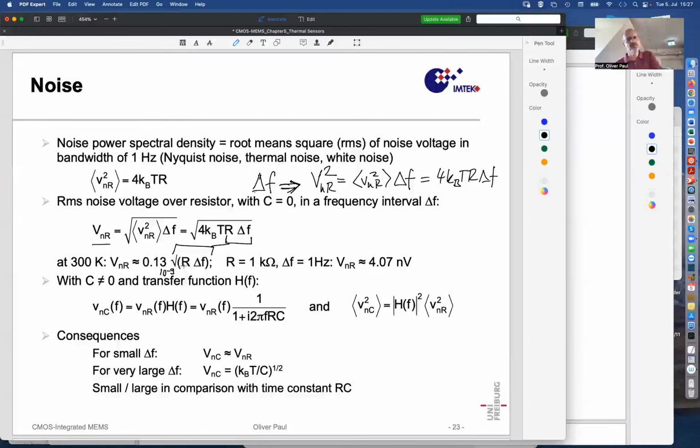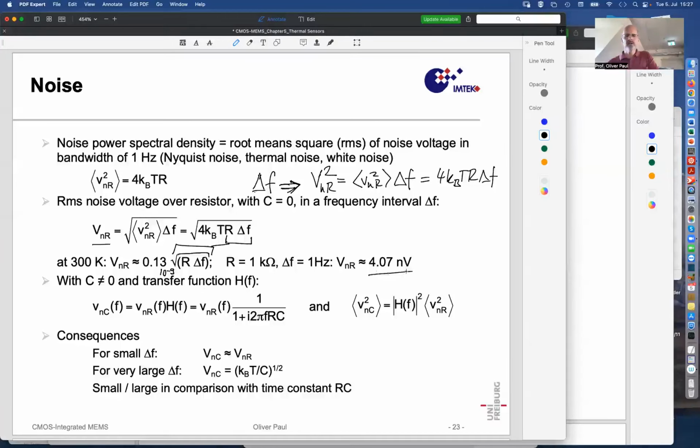So if you implement 1,000 ohm for a resistor, and you have a system that measures with 1 hertz bandwidth, then the outcome is going to be 4.07 nanovolt.